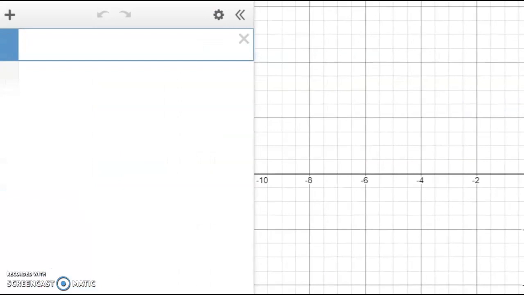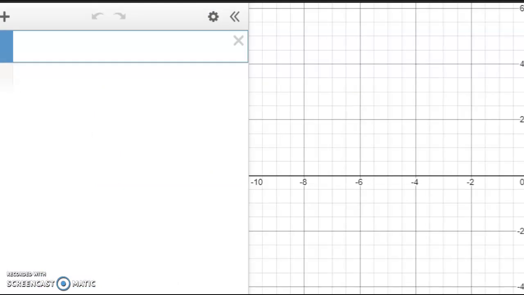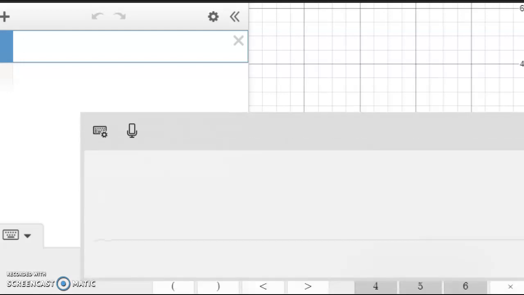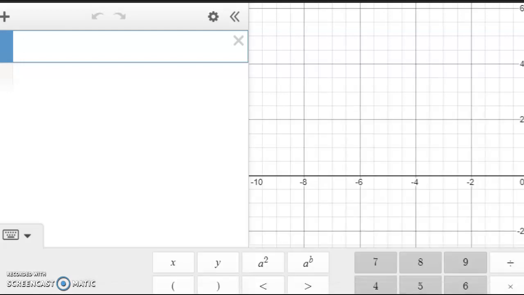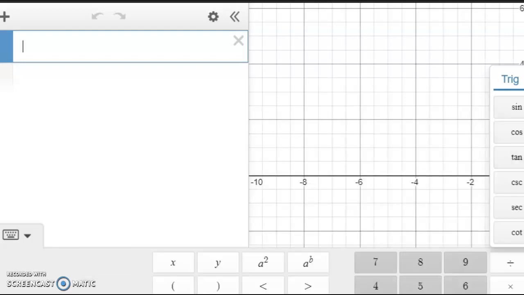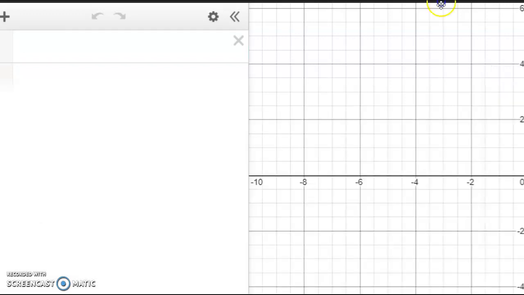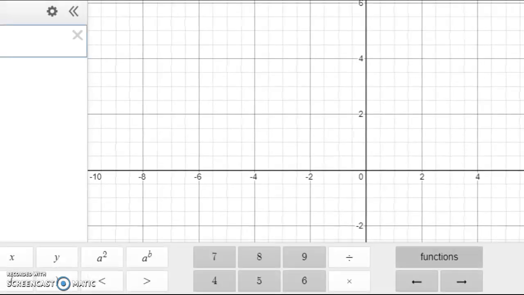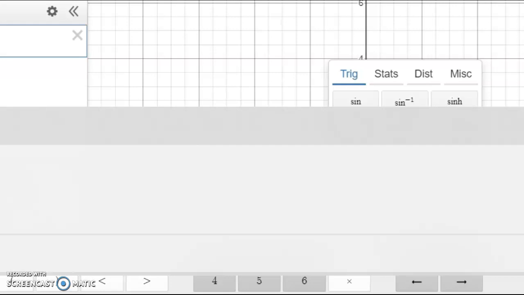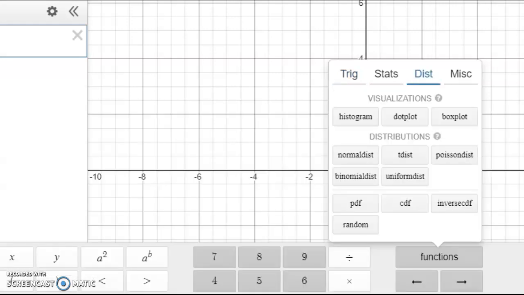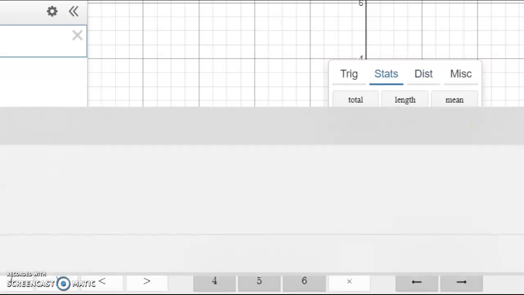Right here, it's below it, but I'm going to hit that function button and hit the functions over here. Now, let me get that where you can see it. This functions, and you're going to have distributions, stats.